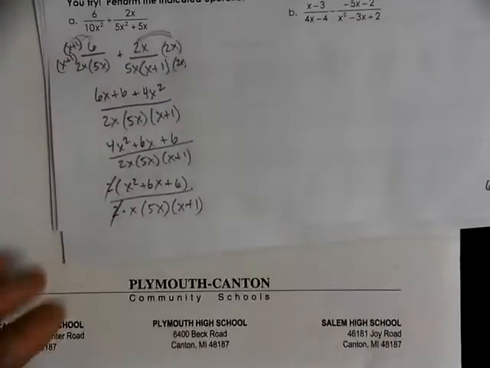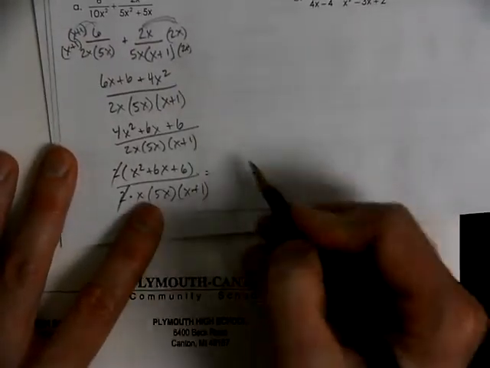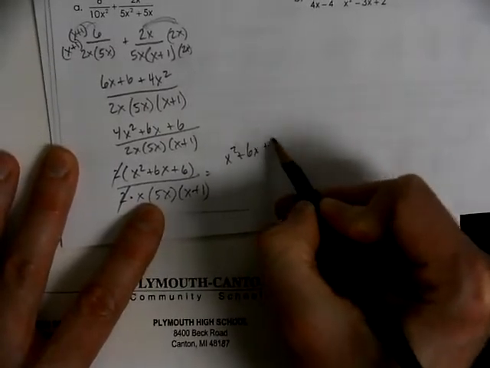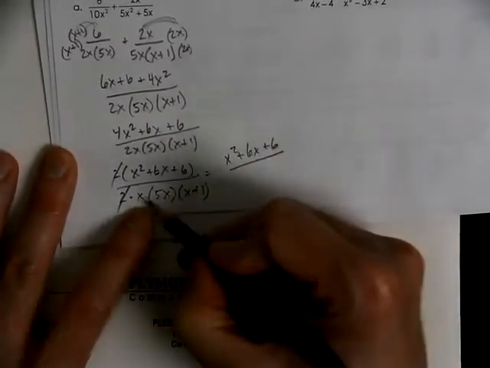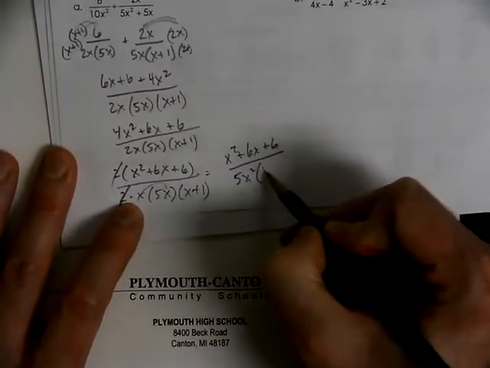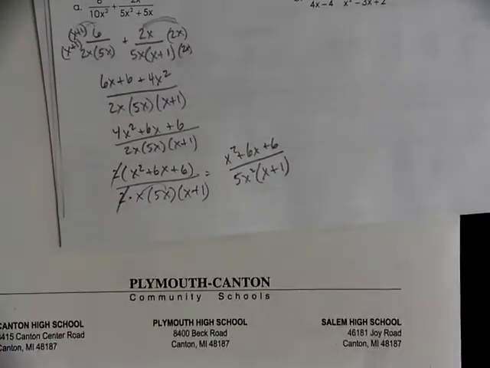Those 2's can cross out. So you're left with your x squared plus 6x plus 6 and your 5x squared times x plus 1. That would be your simplified form of adding those two fractions together.